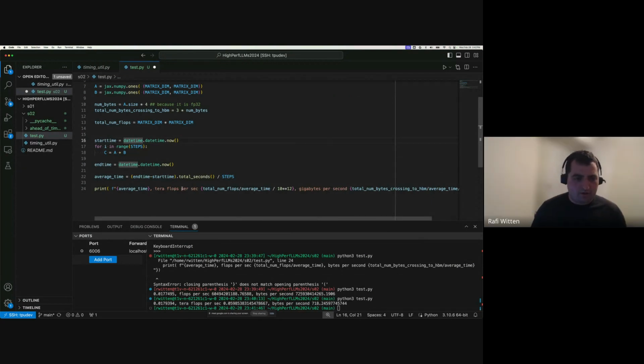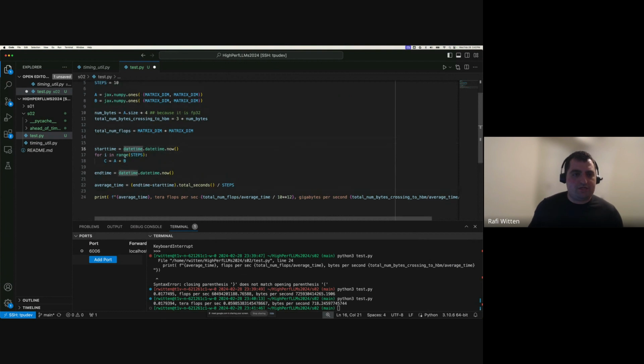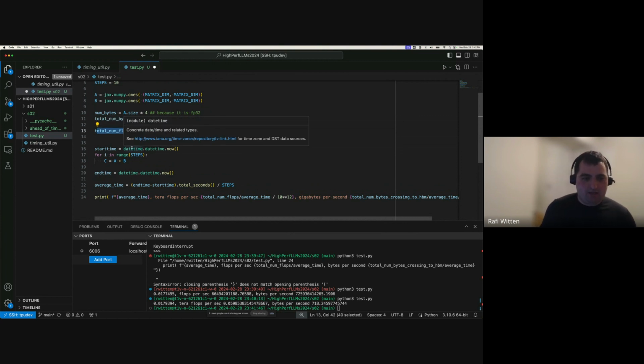No, you're asking the right question, but I think that this is right, because I'm counting the flops per 1 iteration. And then what we're doing here is averaging out across the 10 iterations. And we're taking the time, so this is the average time per iteration. And then the total num flops, the total flops for one, I guess it should be one iteration's flops.